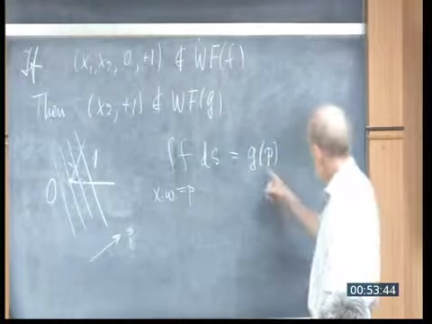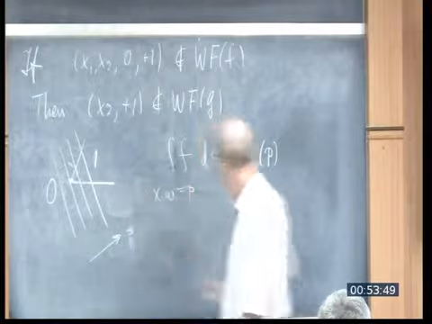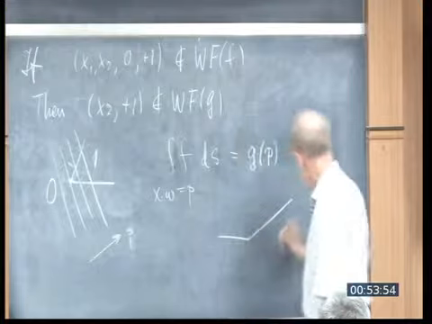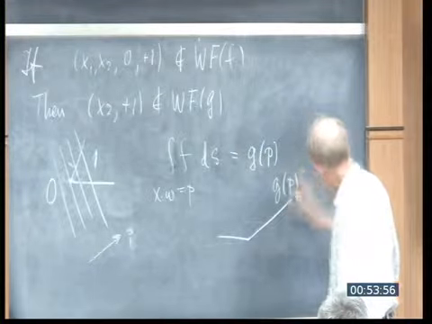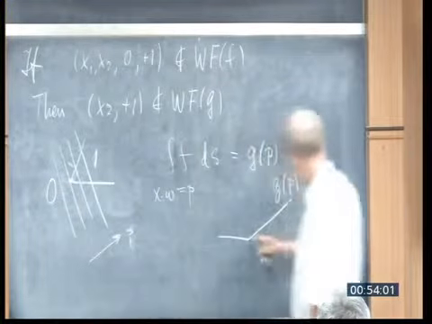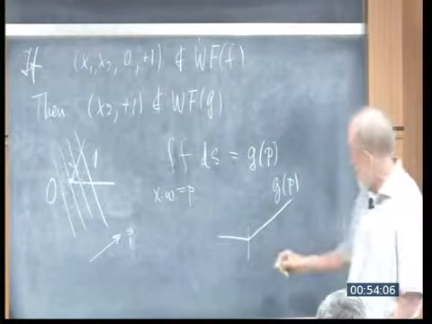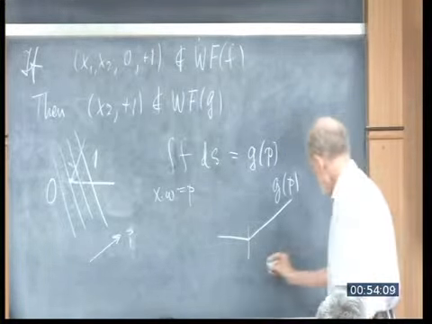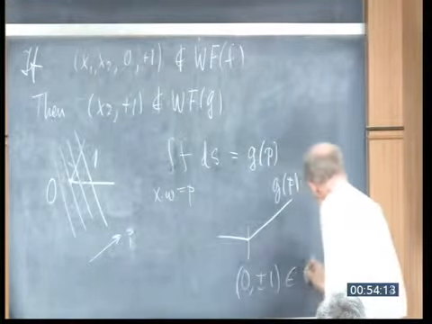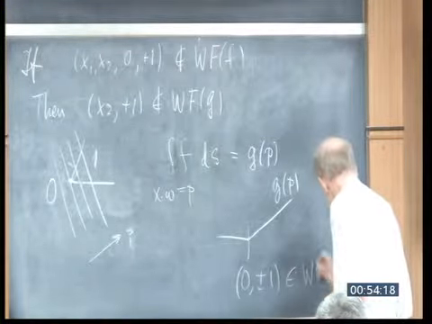But we can compute g. The values of g will be just the length of that segment. So g of t will look like that, the graph, because it will be 0 here, and so it follows directly from the definition that both directions are in the wavefront set of g.